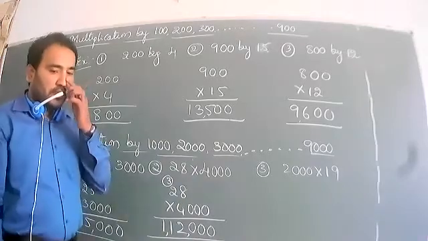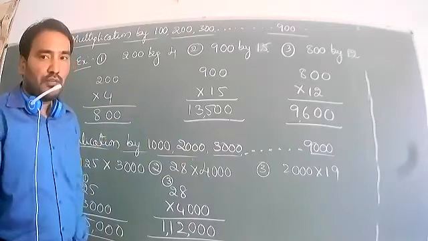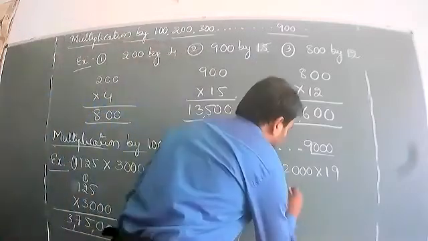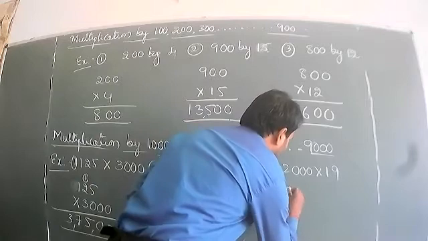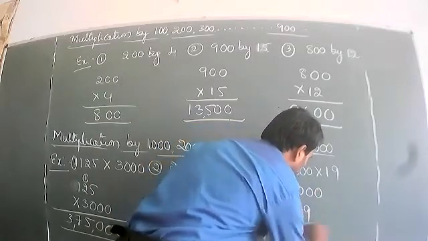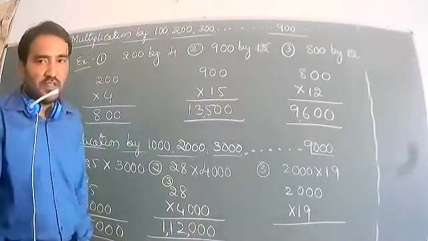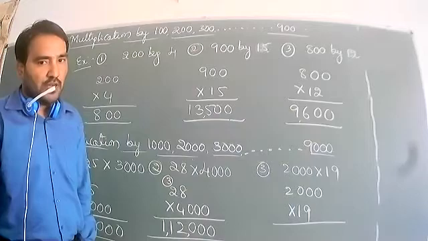Next, I will go for the next multiplication: 2000 into 19. 2000 multiply 19. Any order can be changed and it does not change the answer, so you have to know the properties of multiplication.